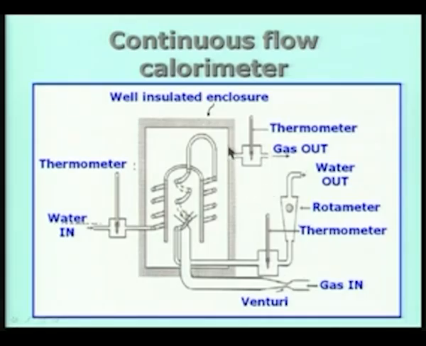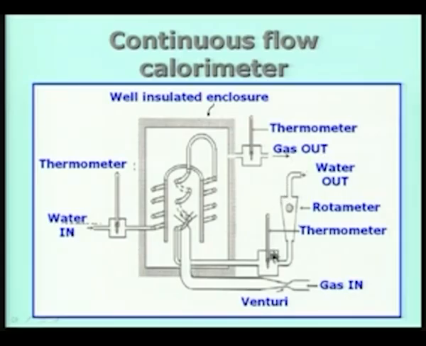So, the continuous flow calorimeter has a continuous flow of certain mass flow rate of gas and oxygen mixture coming in here, and it has a continuous flow of a certain amount of water coming in at a lower temperature, and it moves out at a higher temperature, and similarly the gas comes in, the combustion takes place, the entire amount of heat is released and it goes out at a slightly higher temperature out of the system.